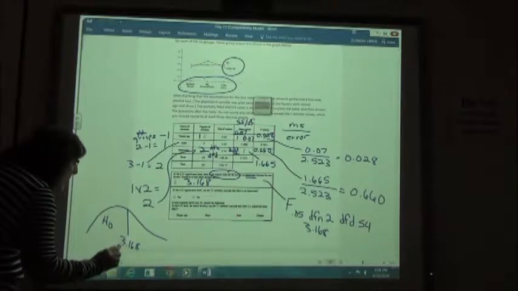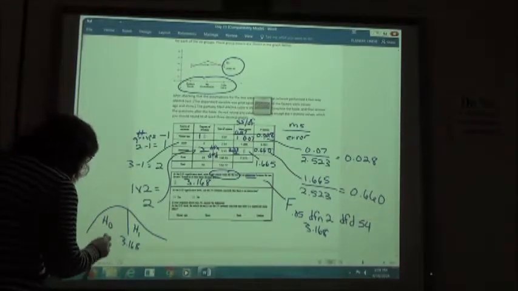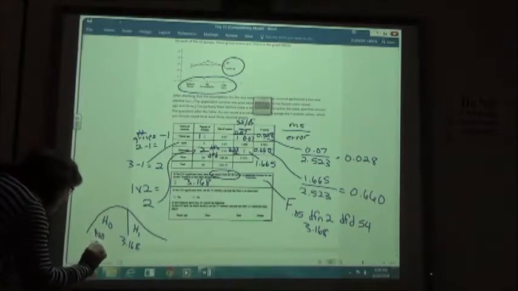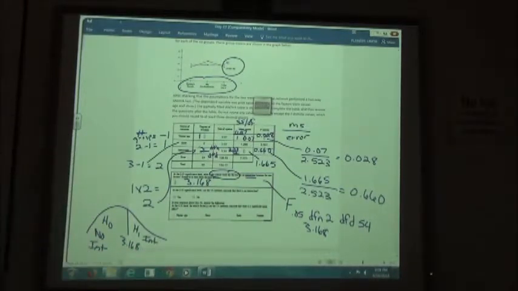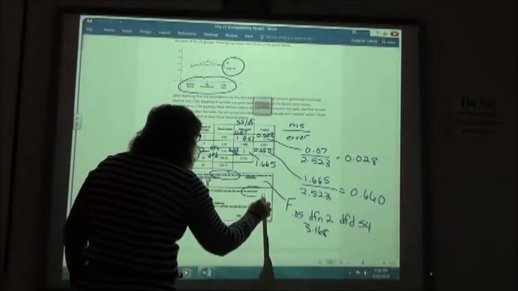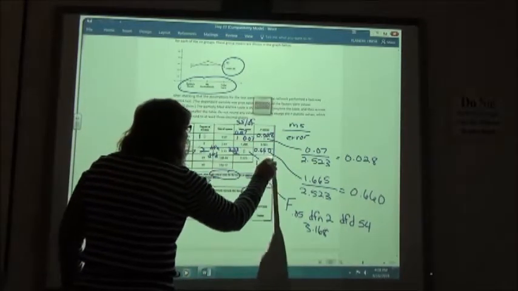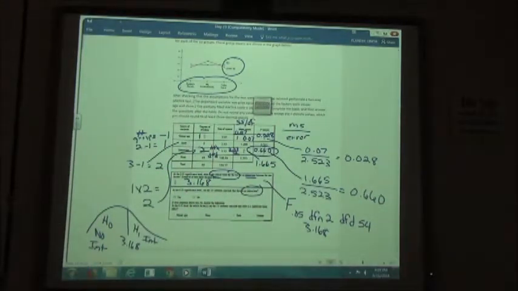Our null is over here. Our alternate one is over here. This is no interaction. This is that there is an interaction. We are going to check our test statistic. It says, can we conclude there is an interaction? So if there is an interaction, we are going to use our F statistic up there, which isn't very big.